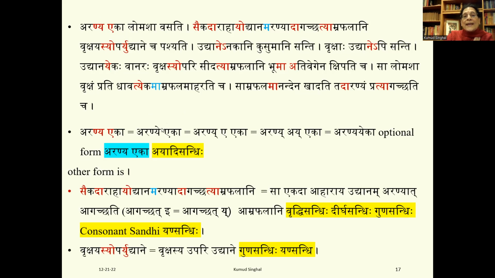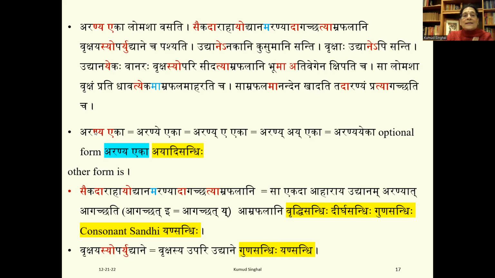So here, in Aranye Eka, Ye is Ya and A. So A and A, this is an Ayadi Sandhi. A followed by a diphthong, followed by another A. So this A will be replaced by Ay, and then Ya, so this will be Aranya, and this is an optional form, where this Ya is also dropped.